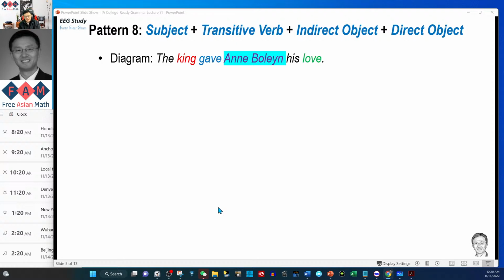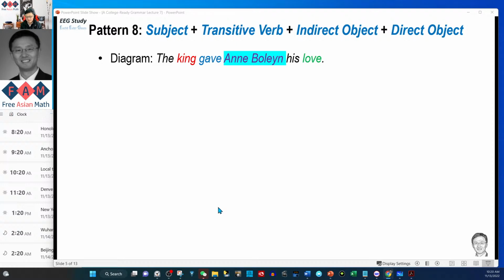Here, this cannot possibly be pattern number 5. We have something right after the object, right? That's why this is kind of unique. So we separate this out as a new pattern: a subject, a transitive verb, an indirect object, then the direct object.